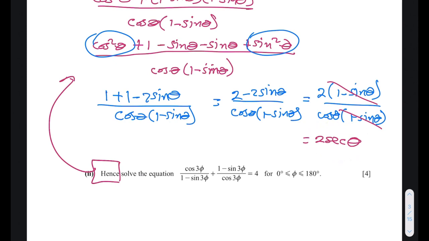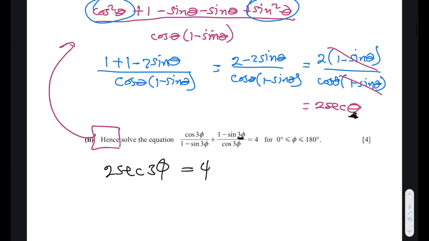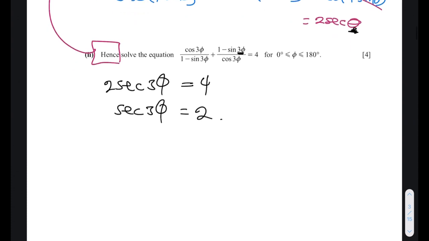But be careful. It's not just 2 sec theta, it's 2 sec 3 theta, because the angle here has now changed to 3 theta. That is now equal to 4. Then you can divide through by 2.